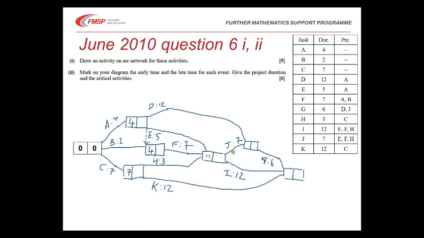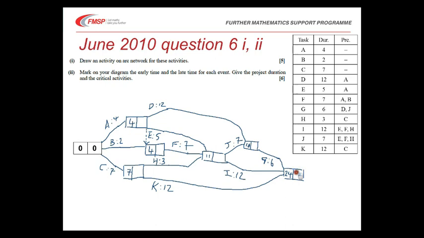Similarly here, we need to get into this node here, so we could do 4 and 12 is 16, or 11 and 7 is 18. To allow ourselves time to do all of that, we would need 18. This last one, we could do 7 and 12 is 19, or 11 and 12 is 23, or 18 and 6 is 24, so it must be 24 to give ourselves time to complete everything.